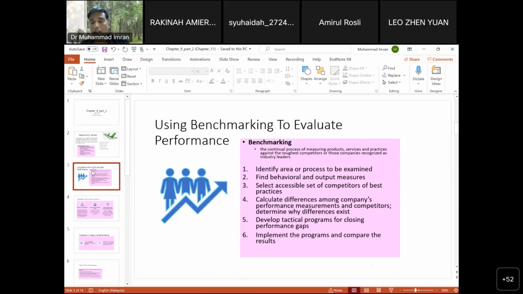Got it. Okay, one more question. In Malaysia, who is the market leader in the automobile industry, the car industry? Simple one. Proton, yeah. Maybe Proton has more market share in Malaysia.